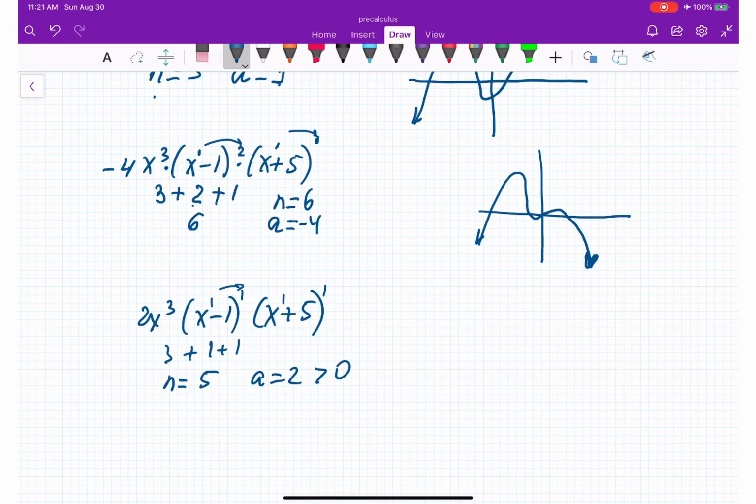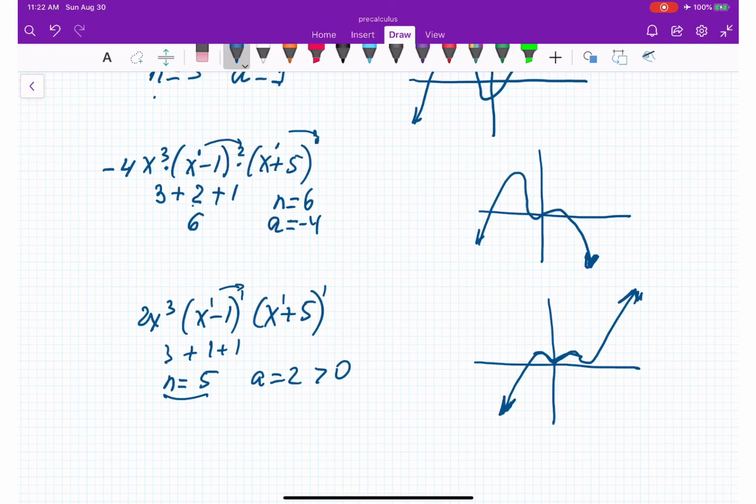So it is clear. If you look at your graphing calculator and build this graph, you will see that this graph is going to look the following way. Well, it's touching. Okay, and indeed, n is equal to 5, so we have down on this one and up on this one, and 2 is greater than 0.